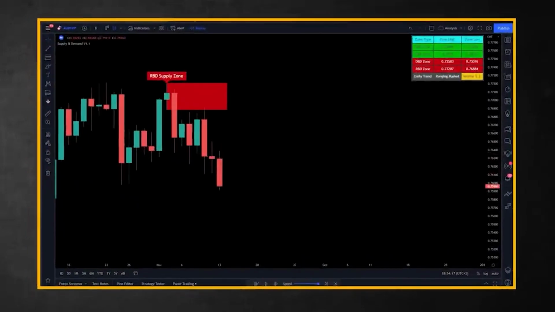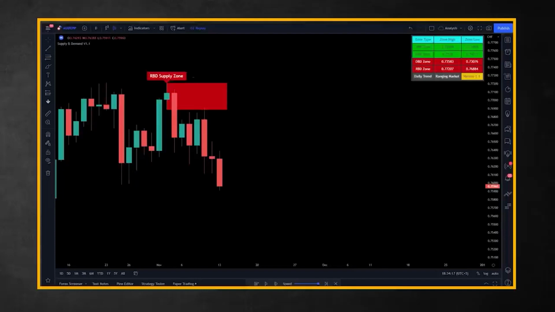Now let's talk about how you can increase the winning probability for trading supply and demand zones, and as a day trader this is important. So what you can do is set your charts to daily time frame and see if you can spot any supply or demand zone there. In order to do this automatically, you can use the supply and demand indicator as well.